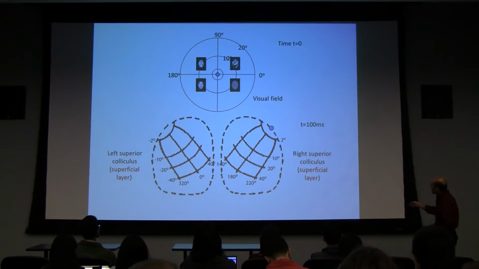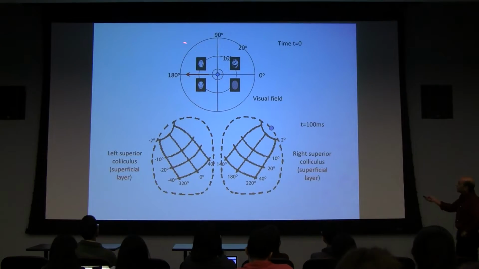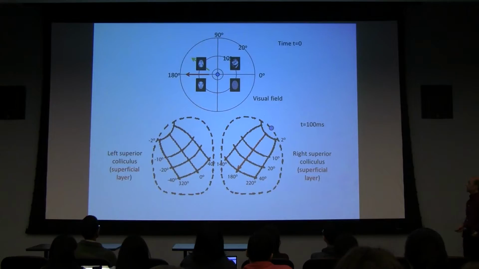Now, there are these lines here. What do they mean? Well, if you take a line that goes to the left, that maps onto the right colliculus like this. So things appearing here would activate cells along here. Things that appear along the diagonal, which is where the upside down face is, would appear over here. And similarly for the vector here, it would appear down here.